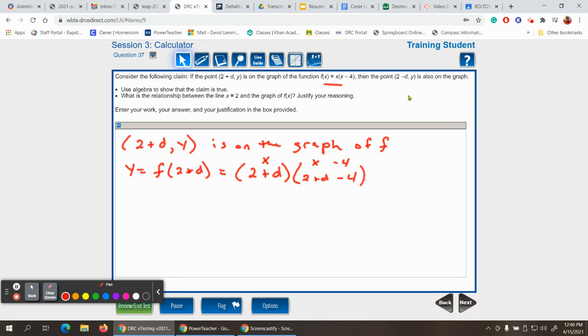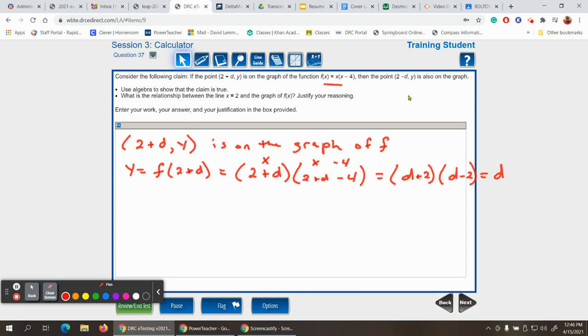Now we will simplify that: that's d plus 2, and 2 minus 4 is d minus 2. Now if I factor that out, I use my FOIL method to multiply that. D times d is d squared.